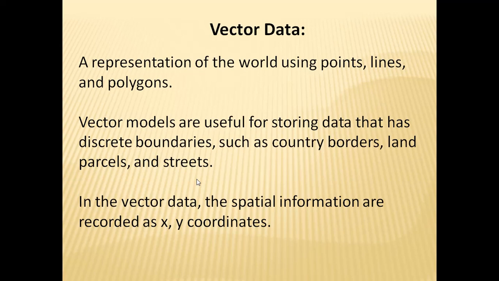It is useful for storing data with discrete boundaries such as countries, parcels, streets, forests, road networks, river networks, and different types of forest applications. If you see any vector data, you can classify it into three types: point, line and polygon. You can easily digitize the data and store it in vector form.